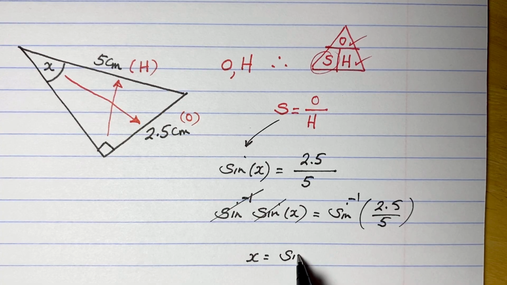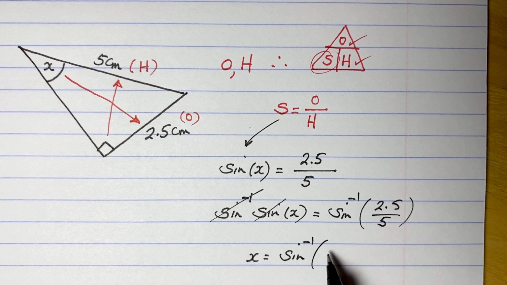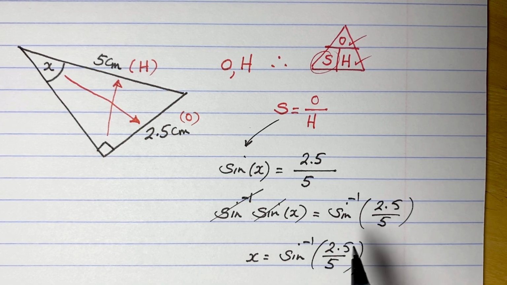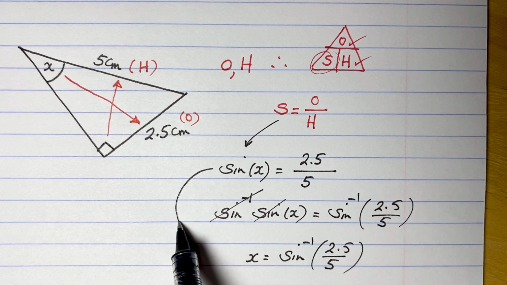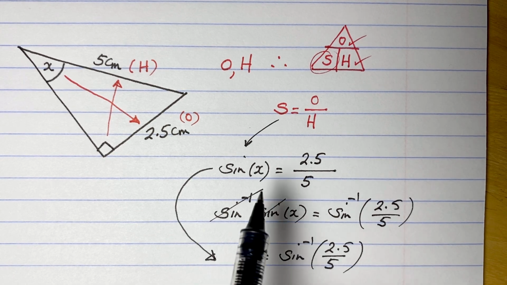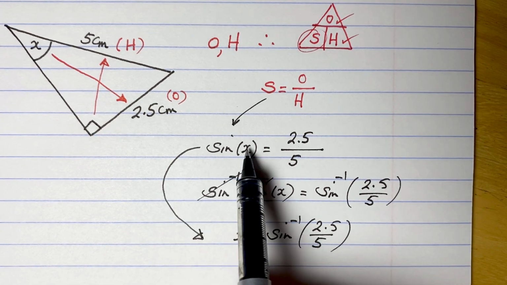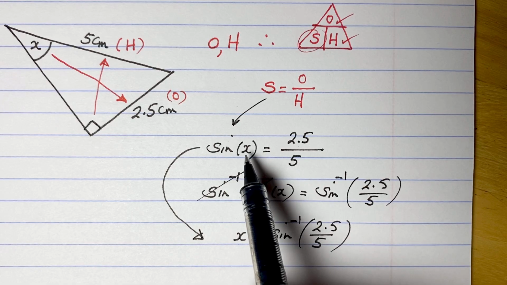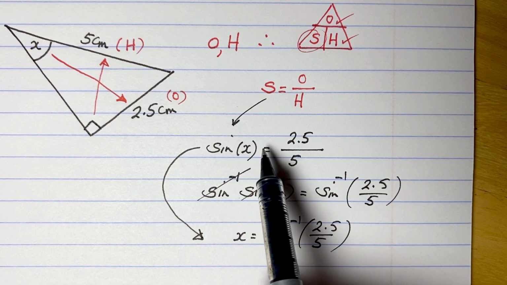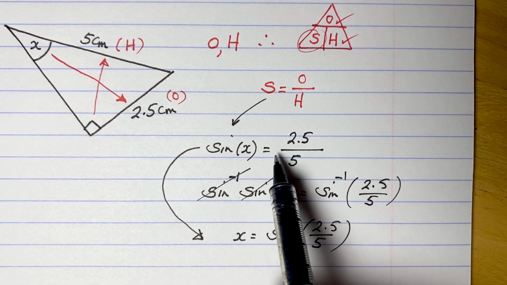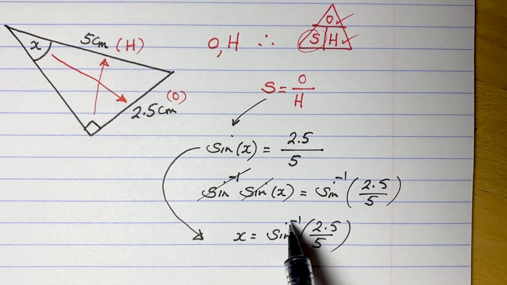And that is inverse sine of 2.5 over 5. So you don't need to show this section. So you go straight from there to there. Just think of moving the sine from this side and putting it outside the fraction on the other side. Remember to put this symbol on it.